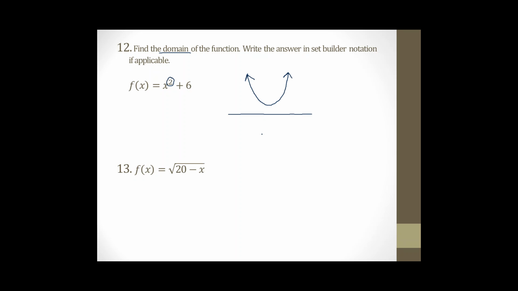If this was the x-axis, the arrows indicate that this parabola continues to open in either direction, which means the x values of the domain also increase in either direction, into negative infinity and also into positive infinity. So writing this in set builder notation, the solution is all real numbers, because every single x value is a solution to this function.